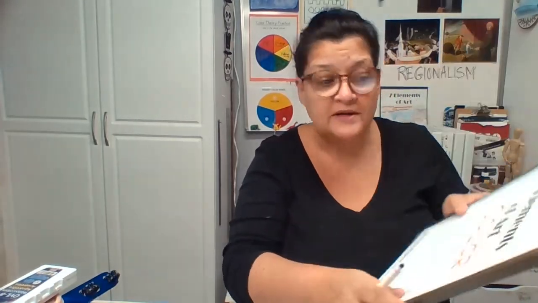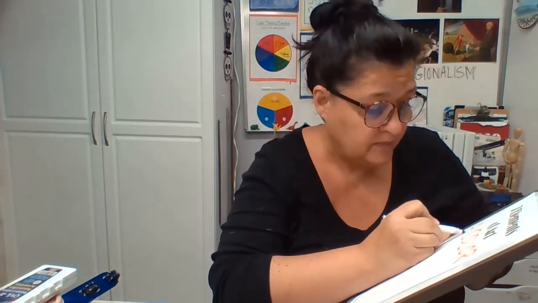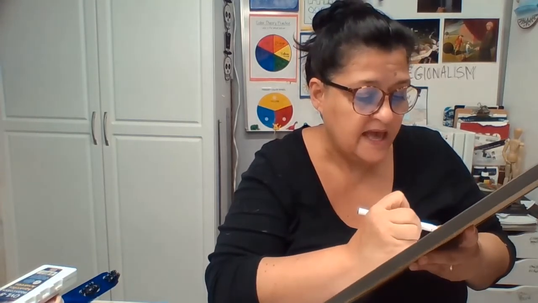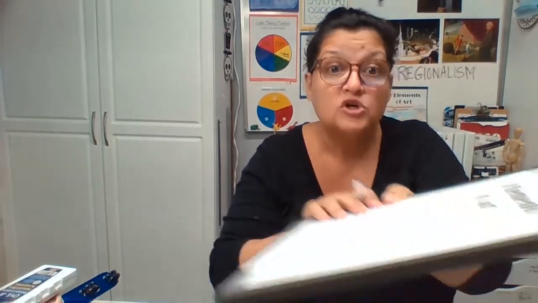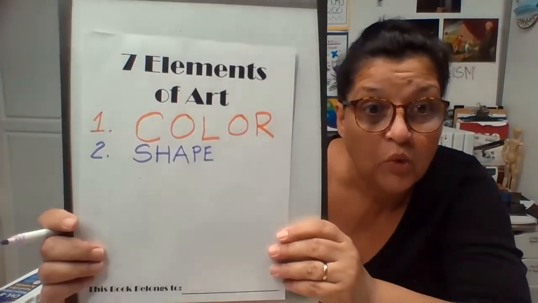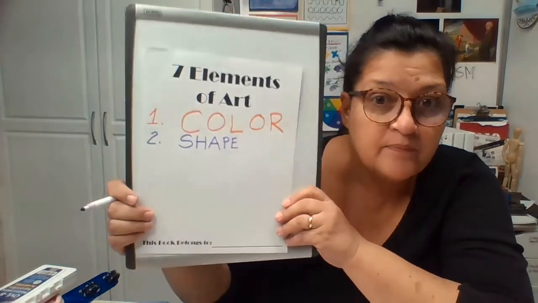Okay. The next element of art that I'm going to write down on my list is going to be number 2, and it's going to be called shape. Shape is spelled S-H-A-P-E. Now remember, this is a video, so you can pause it while you write the word shape.